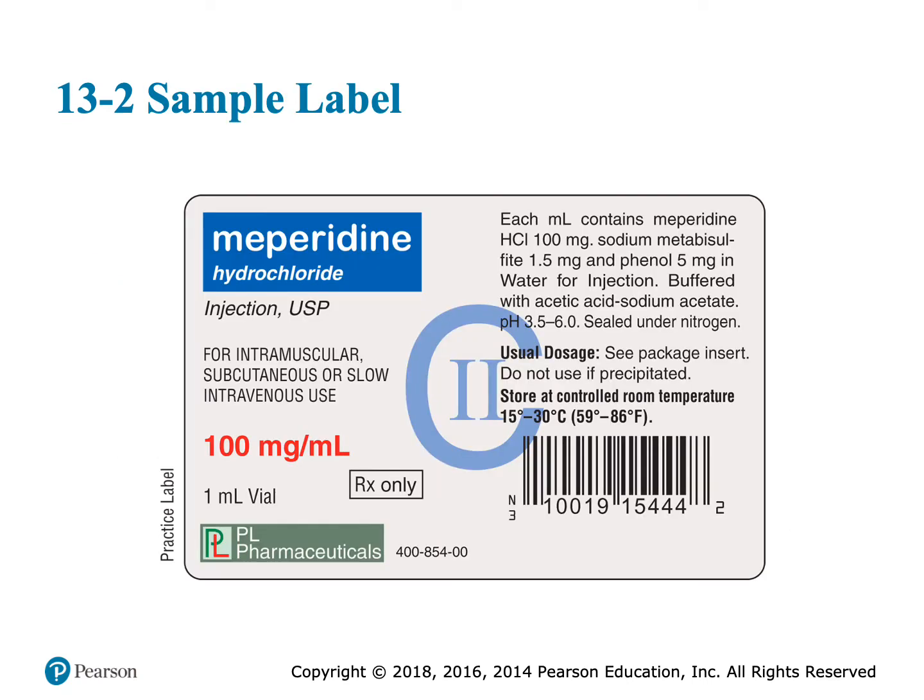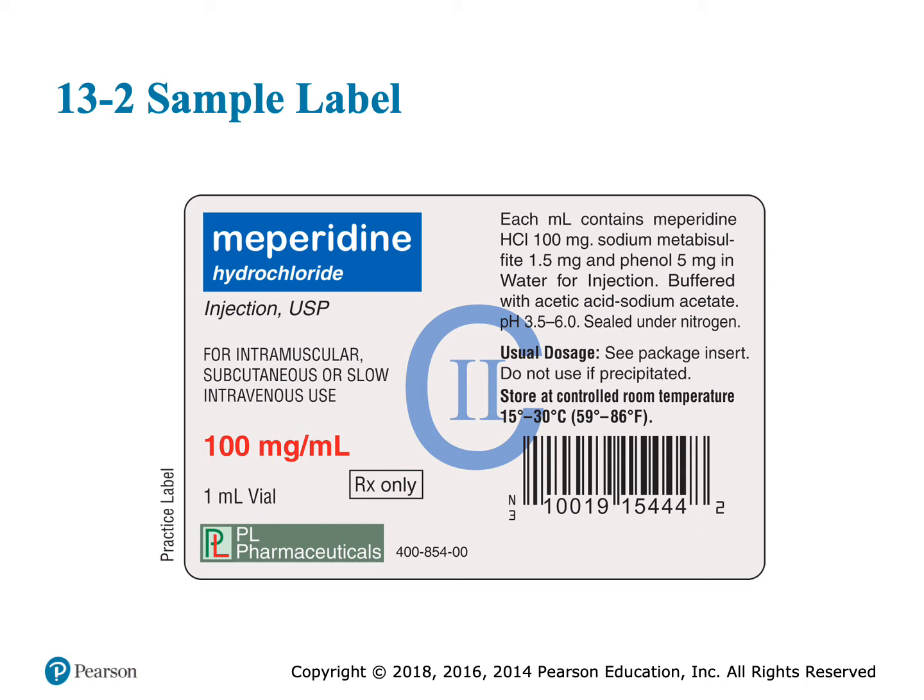So here is a sample label. It may be like one we might see in the operating room. And so we know already that these labels include quite a bit of information. So take a look at this label and try to identify the different components.